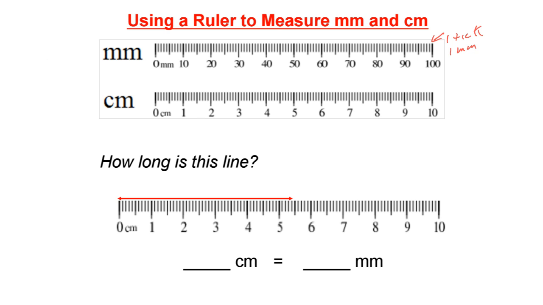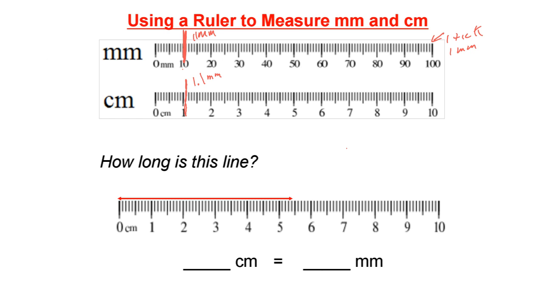If I wanted, say, to mark down 11 millimeters, 11 mm, in order to find 11 millimeters on my centimeter ruler, I would count 11 ticks across here, and we end up with, instead of 11 millimeters, 1.1 centimeters.